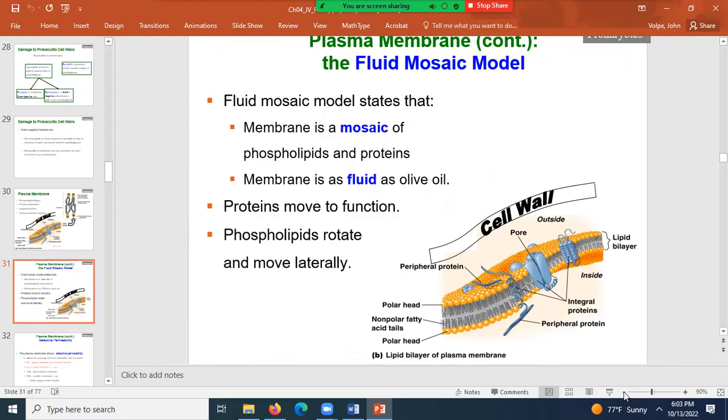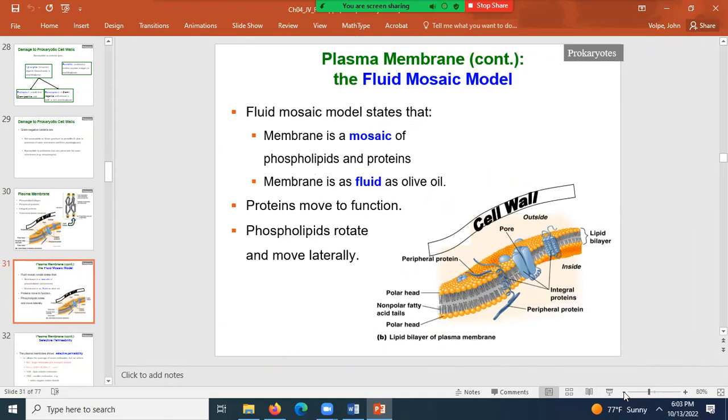When we talk about the plasma membrane, we can discuss it as the fluid mosaic model. This model states that the membrane is a fluid of phospholipids and a mosaic of proteins inside the phospholipids. It's hard to think about it, but my hand here is separated only by the cells, which are separated by a plasma membrane.